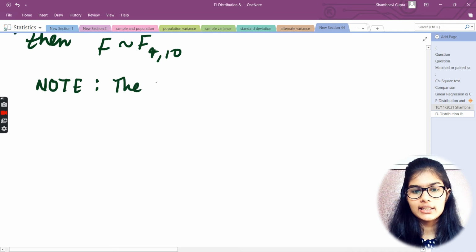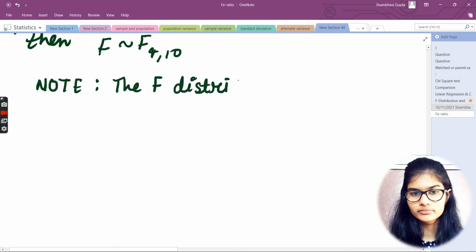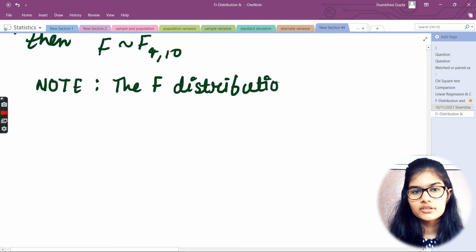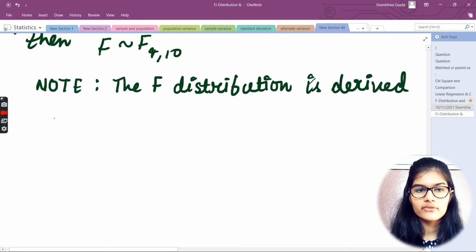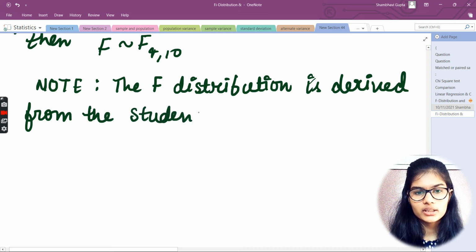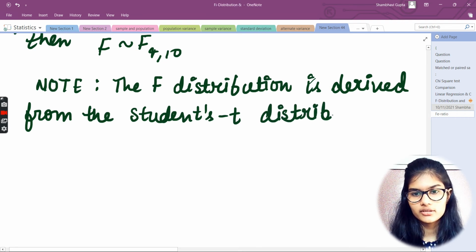The note goes that the F distribution is derived from the Student's t distribution.